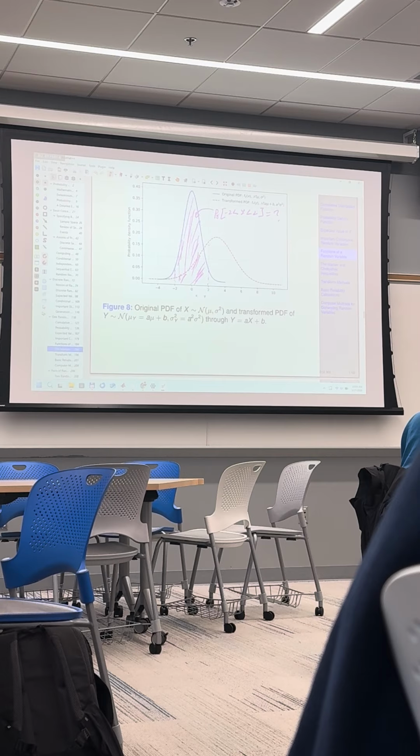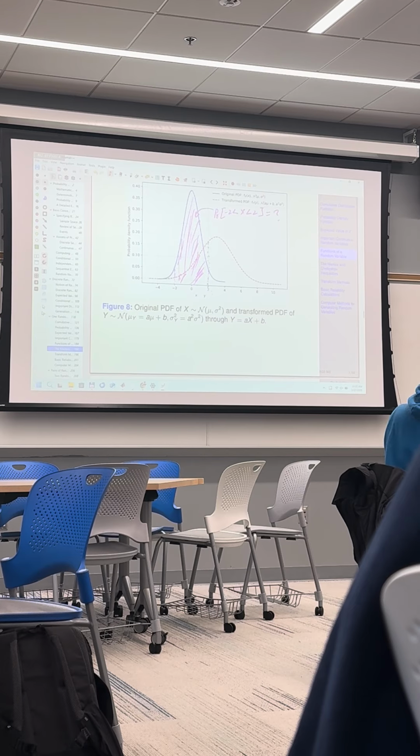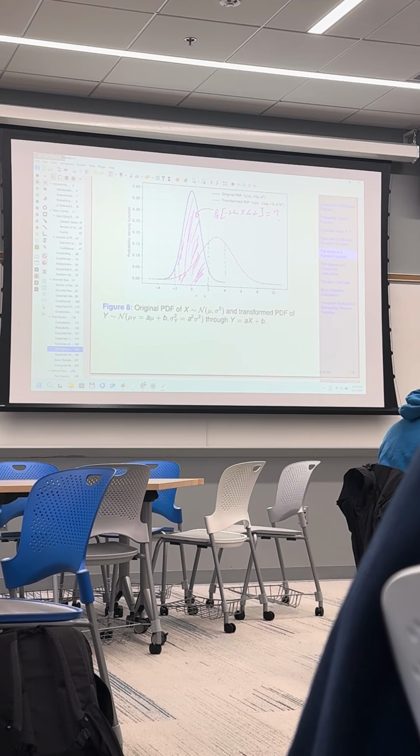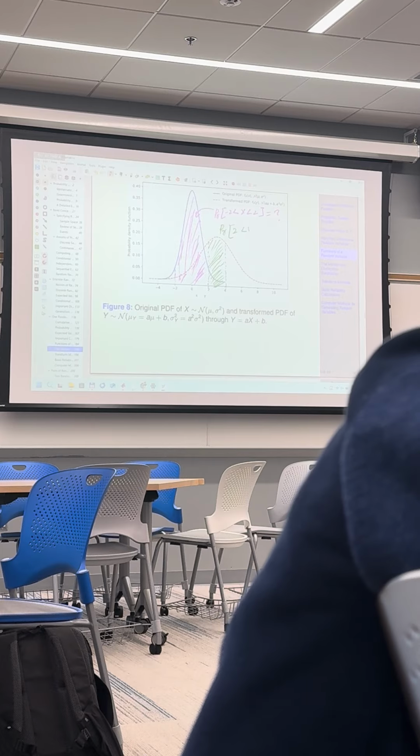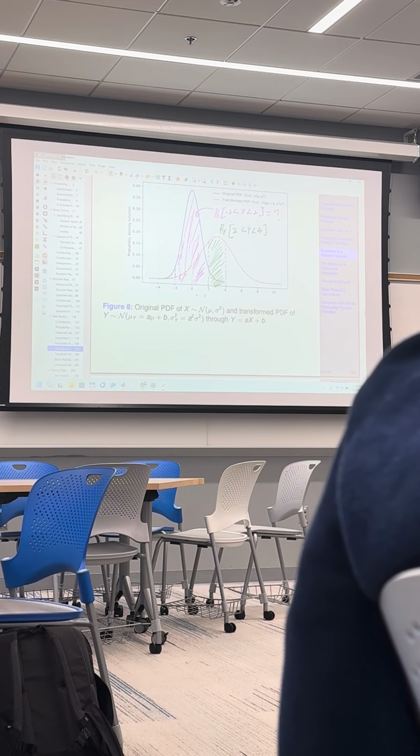I will need you to give me the probability of the mapped measurement between 2 to 4, which means that you will need to find the area between this range. That will give you the probability that the mapped measurement y takes values between 2 to 4. So what is this probability?